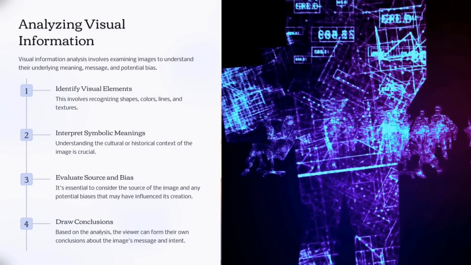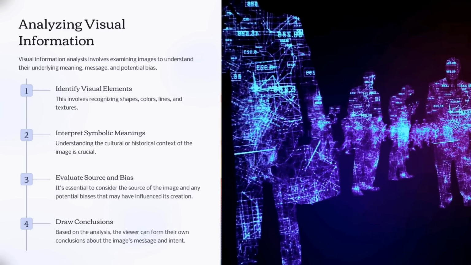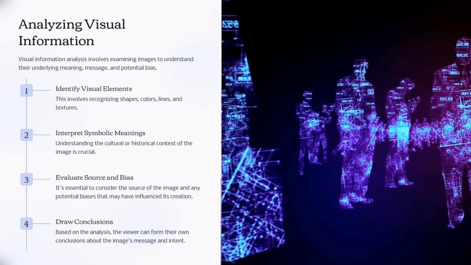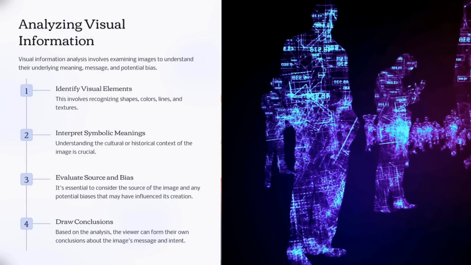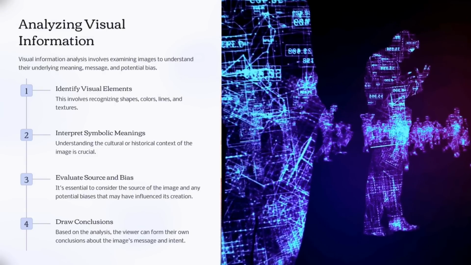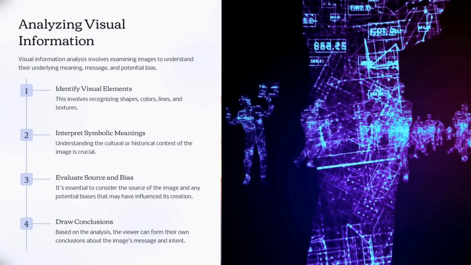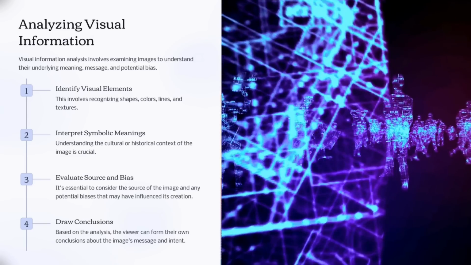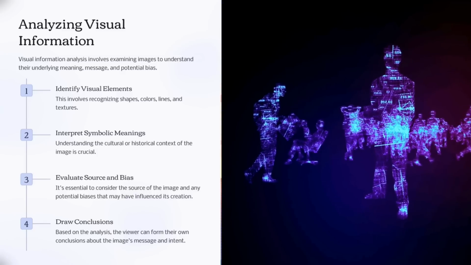Understanding the cultural or historical context of the image is very crucial. Evaluate sources and bias. It's essential to consider the source of the image and any potential biases that may have influenced its creation. And draw conclusions. Based on the analysis, the viewer can form their own conclusions about the image's message and intent.